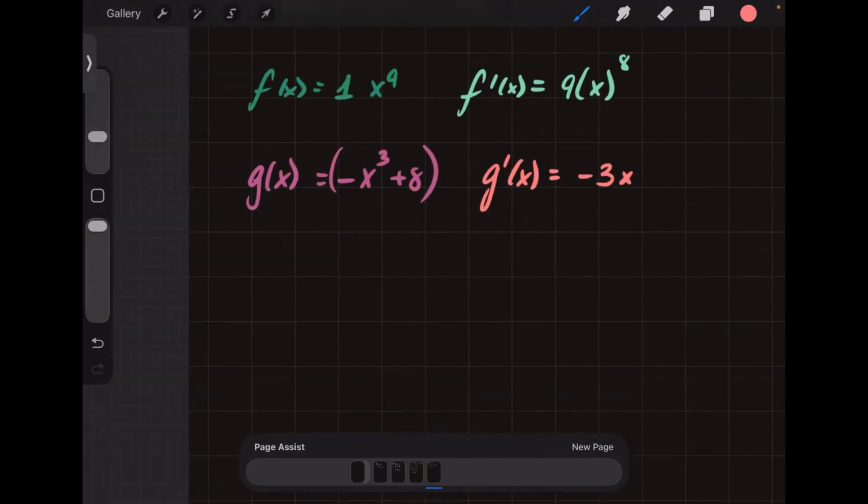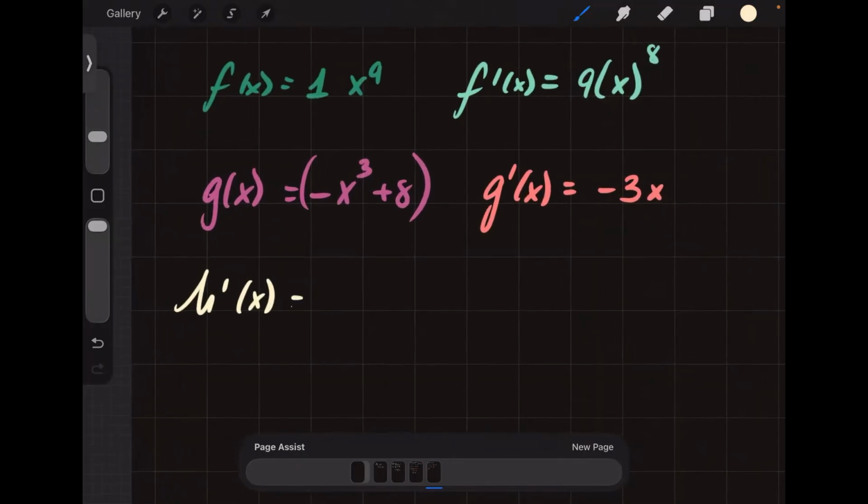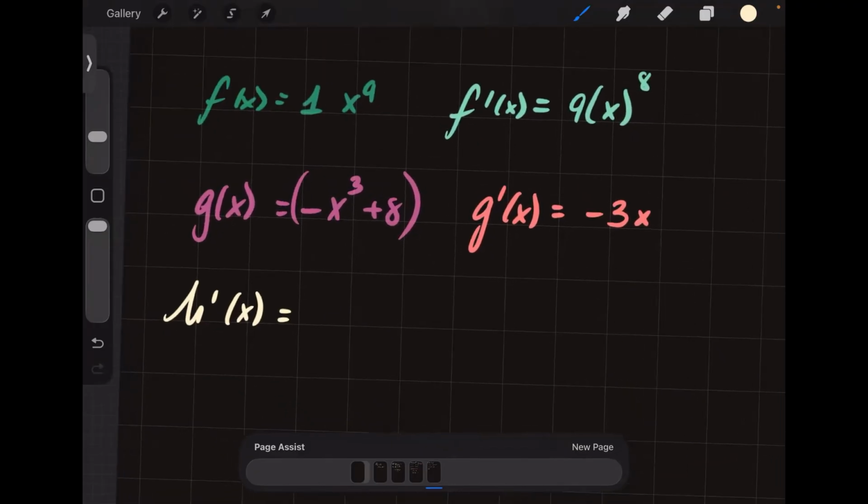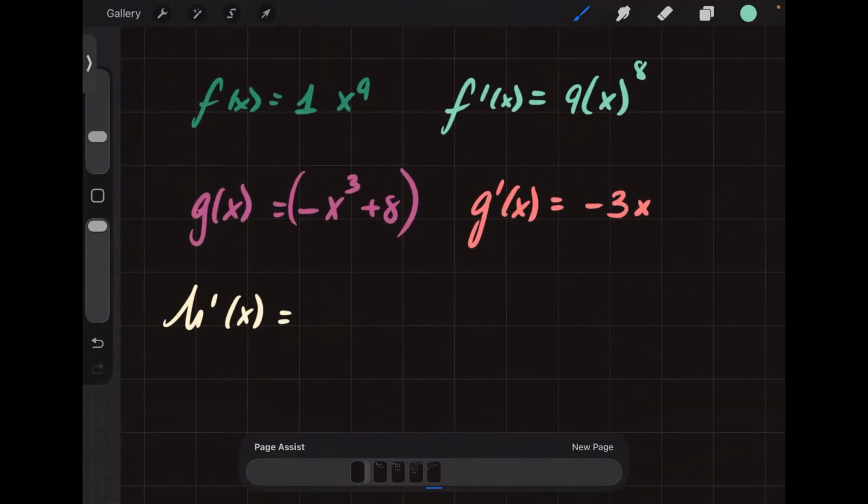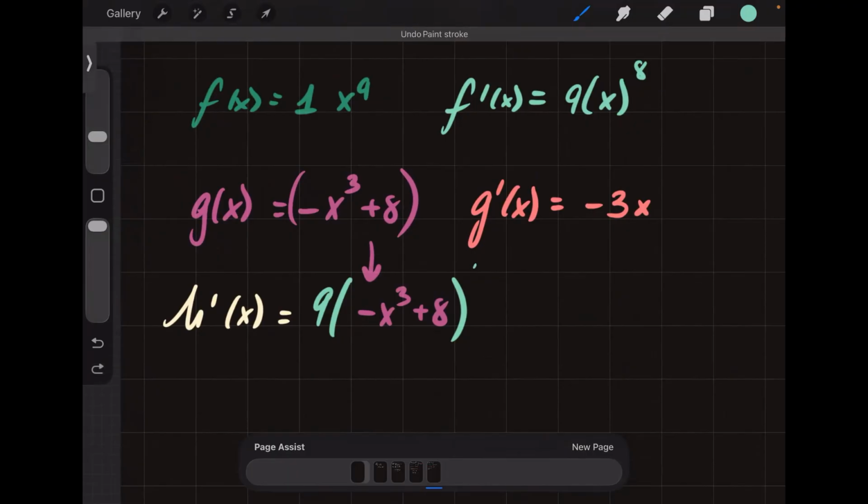Which means you have h prime of x is equal to f prime. So it'll be 9. What goes on the inside? Negative x to the 3rd plus 8. What goes out here? There's a 9 up there.